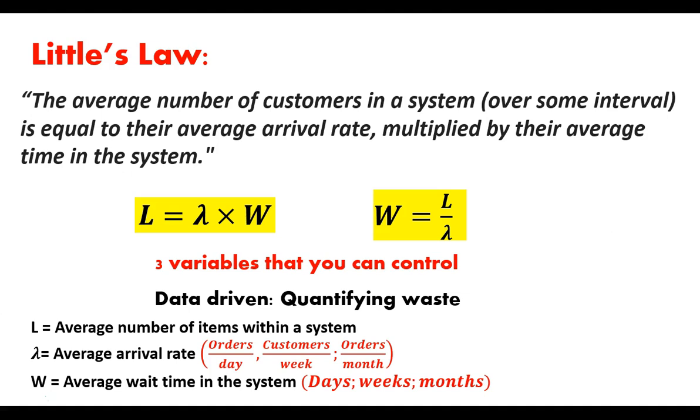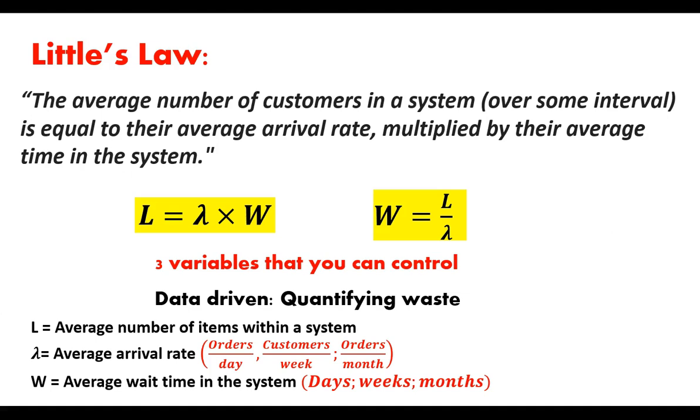This is also how you can quantify your waste. Like we said, the equation on the right is broken down by wait time, and waiting is a form of waste. So now you can actually calculate that wait time, put a number to it, and decide how you can address it for the customer.